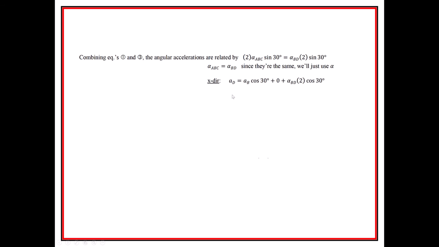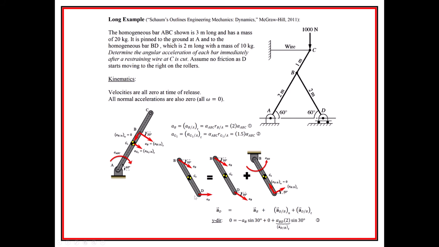That's fine. And in the x direction, from this diagram right here, we're also able to establish some other relationships. But we're introducing AD, so we've added an equation, but we've also added an unknown.